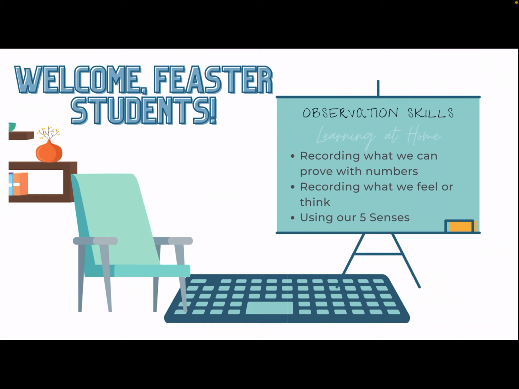So the ones we're going to be focusing on are sight, or how something looks with our eyes, how something sounds with our ears, how something feels with our skin, and how something smells with our nose. The other one is taste, but we definitely don't want to just taste everything. So we may not be tasting certain things.